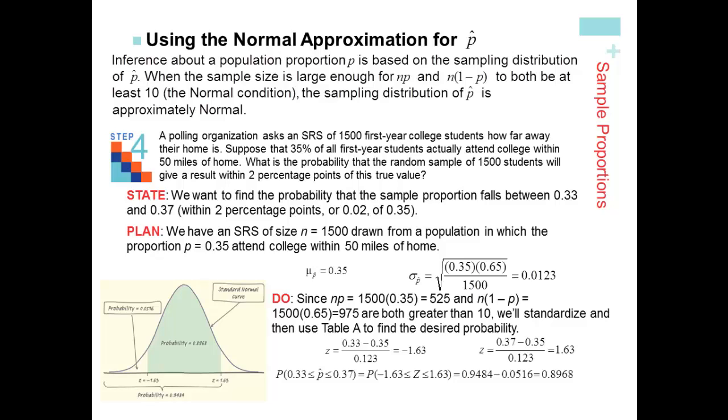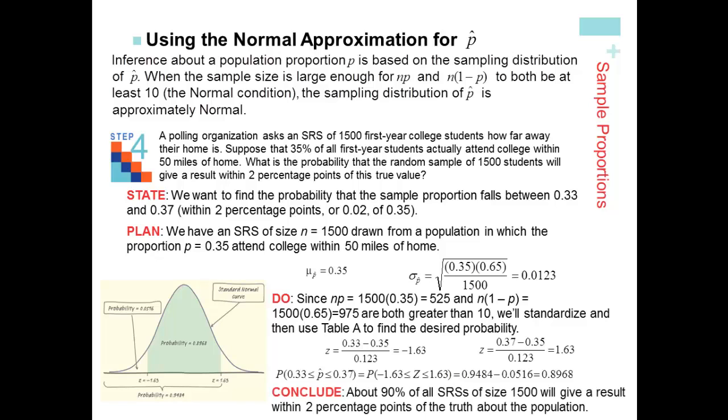Subtracting these, I end up with 0.8968. My conclusion then, turning this into a percentage, it's almost 90%. So about 90% of all simple random samples of size 1,500 will give me a result within 2 percentage points of the true population proportion.